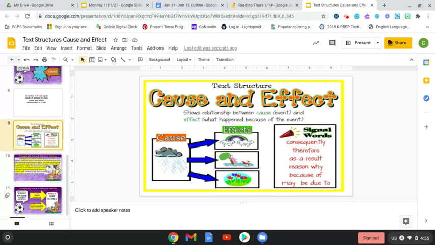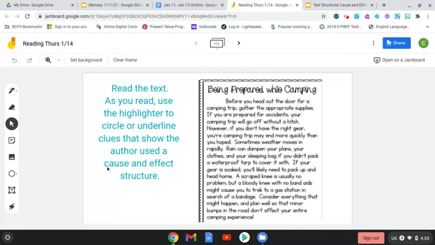But remember, the signal words are not always there, okay? Now, your assignment today is a Jamboard, and it is about camping, and it's about being prepared while you're camping. And what you'll do is you'll take the highlighter, and as you see examples of cause and effect, you'll circle them.